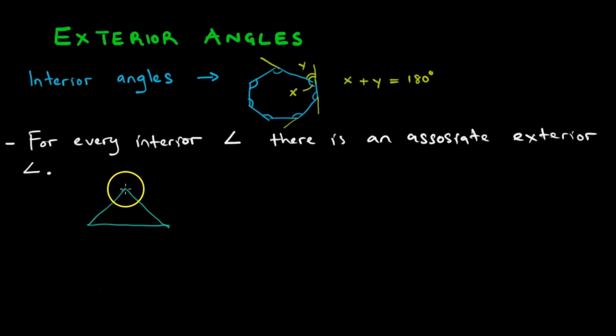You can extend like this, so that the angle is angle E, and this is the interior angle, and that's the associate exterior angle. Or at the same point here, you can extend like this.